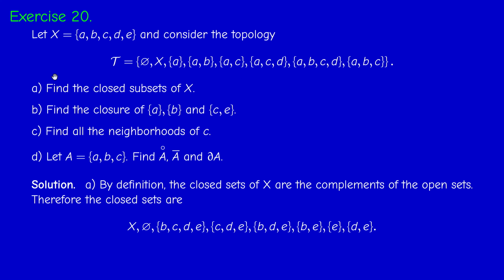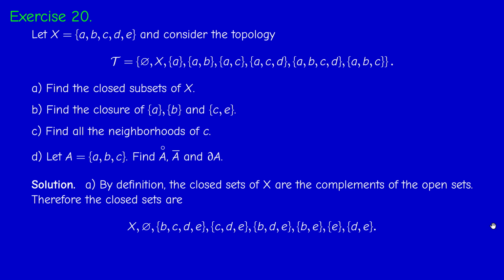The complement of the empty set is the whole space X. The complement of X is the empty set. The complement of A is B, C, D, E, and so on. We notice that there are exactly as many closed sets as open sets, because they are in bijection. So if you have 8 open sets, then we should have 8 closed sets.